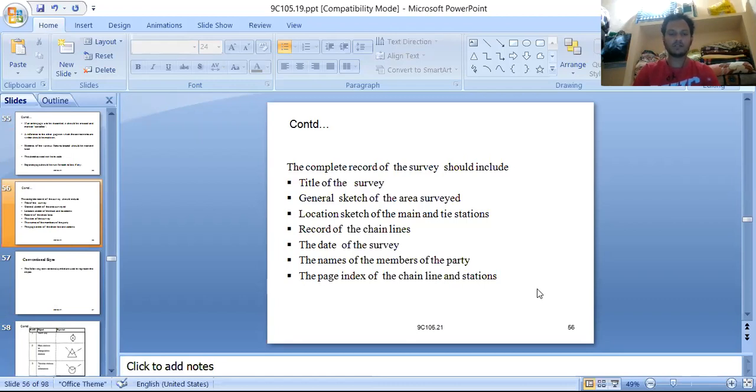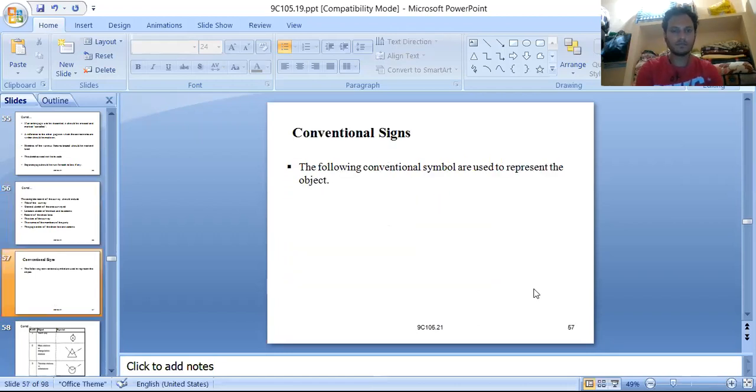Record of the chain lines, the date of the survey, and the names of the members involved in the survey also have to be incorporated in the field book. The page index of chain lines and stations are to be mentioned for better understanding of the field work.